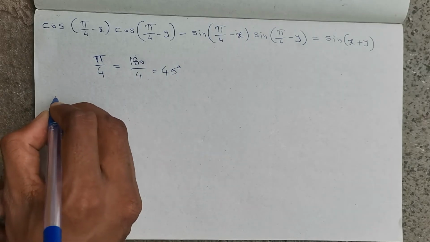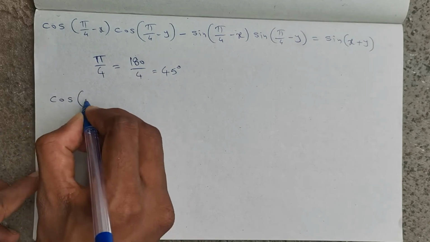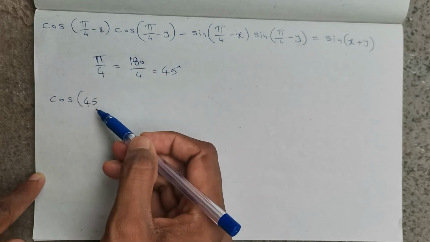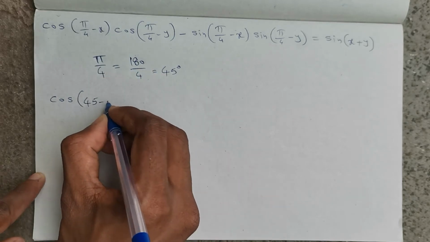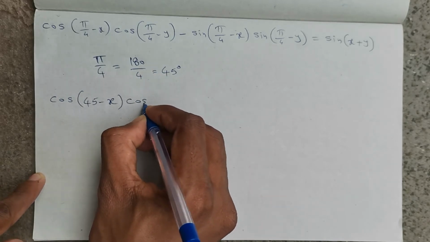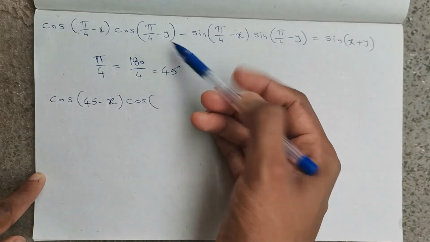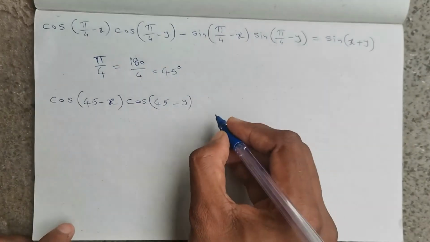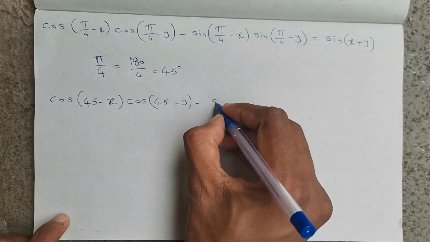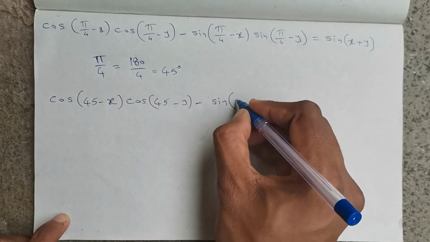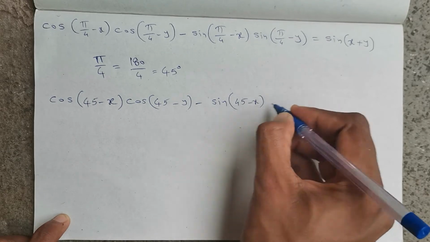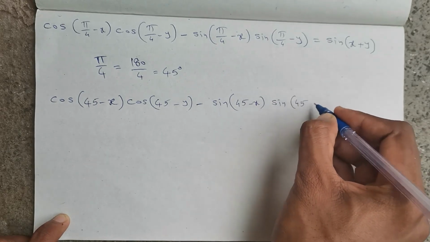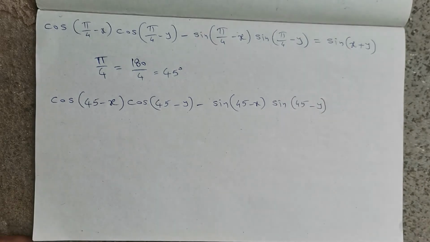So we will get cos of (45 minus x) into cos of (45 minus y) minus sine of (45 minus x) into sine of (45 minus y).